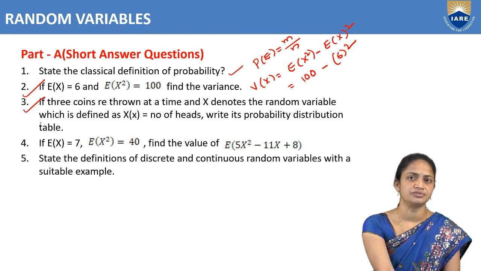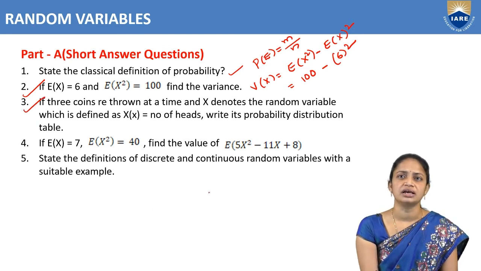Coming to the third question: if 3 coins are thrown at a time and x denotes the random variable defined as the number of heads, write its probability distribution. Here we find the probability distribution for tossing 3 coins.